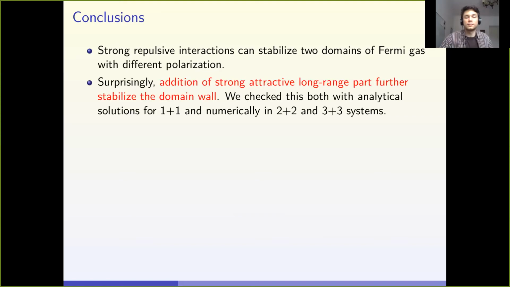The next thing, which is indeed surprising, is that with strong attractive interactions, you can also have a stable system. So you can have a very strongly attractive system and at the same time these 2 components don't mix. And we checked that both with analytical solutions in the case of 1+1 and numerically in larger systems.